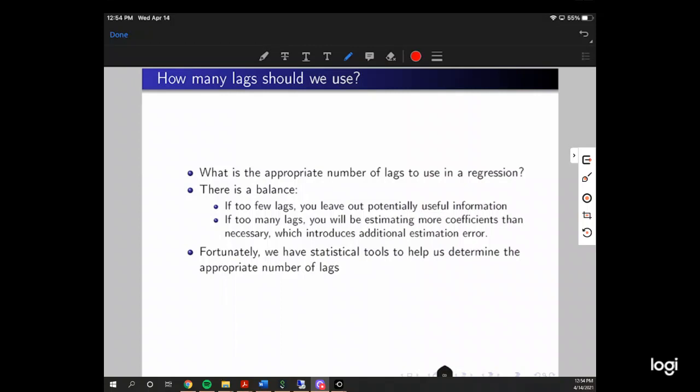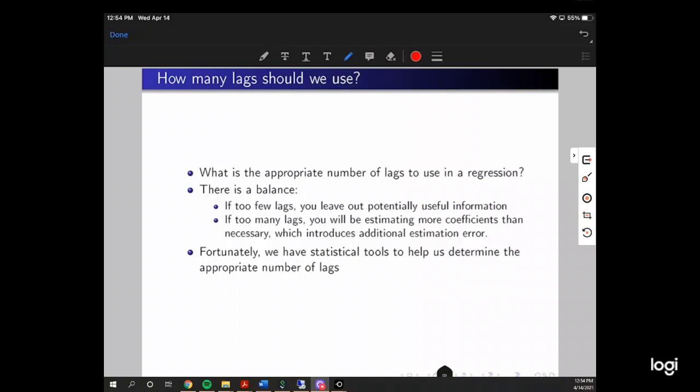If you only use one lag, a lag from 2 periods ago might still contain useful information. If you use too many lags, though, you will be estimating more coefficients than necessary, which introduces additional estimation error. So you want to include the appropriate number of lags.